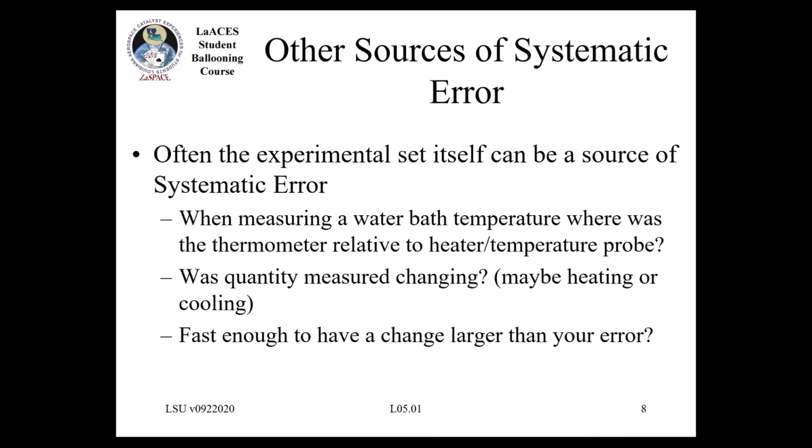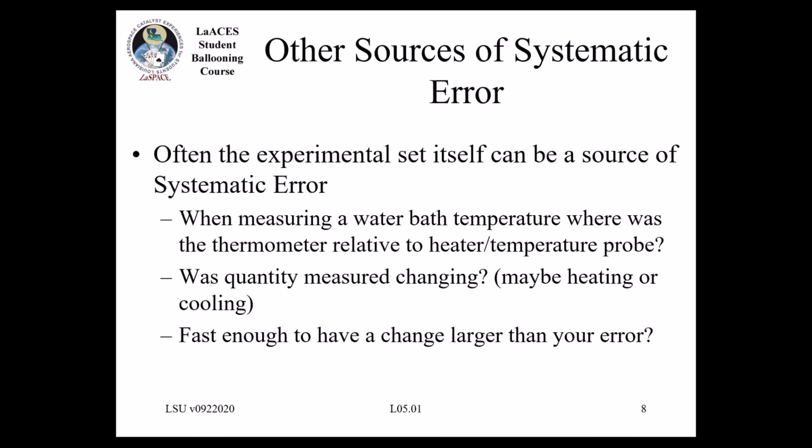If the water bath is actually sitting on a hot plate and it's actively heating and you haven't stirred the water up, it's going to be hotter at the bottom. Additionally, if the thermometer is actually touching the glass, which is in contact with the heating element, it's going to be hotter, most likely, than the water inside the glass.